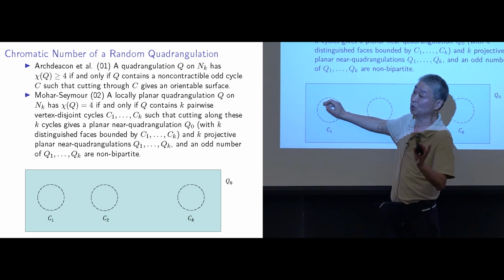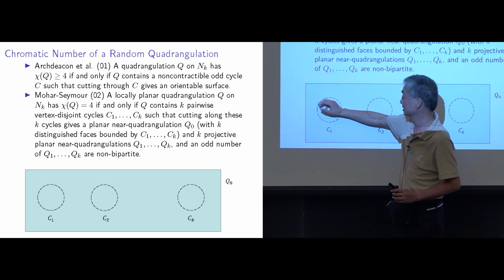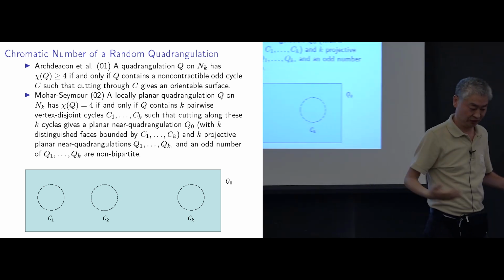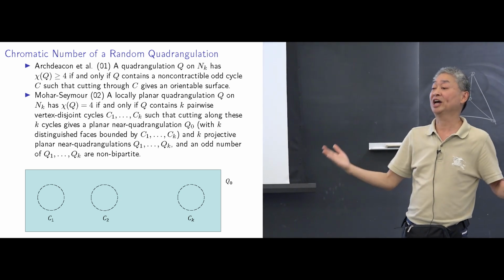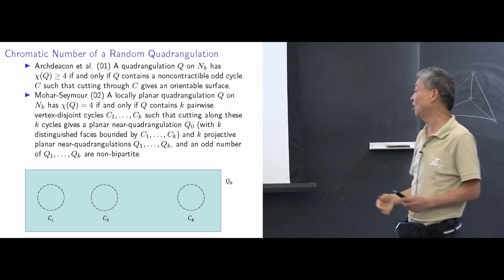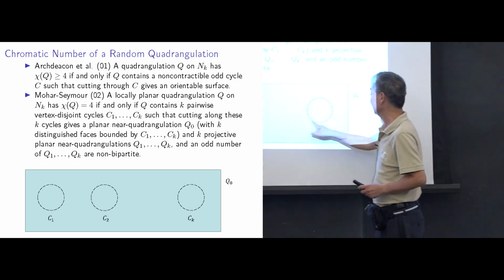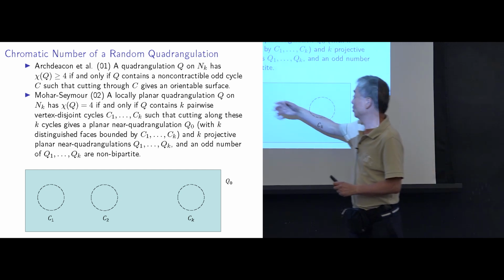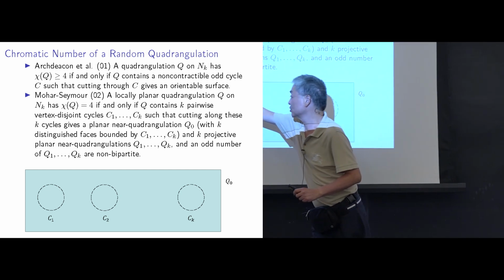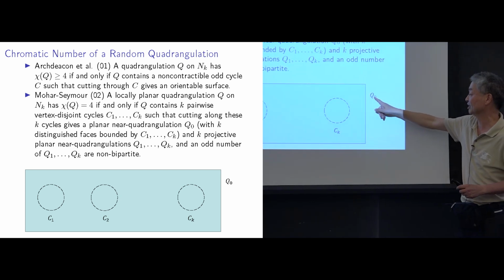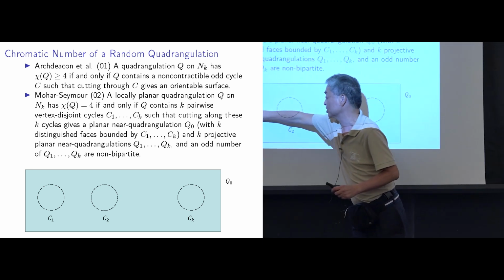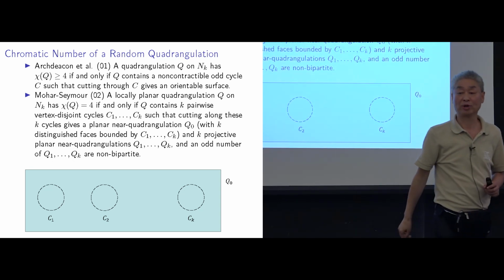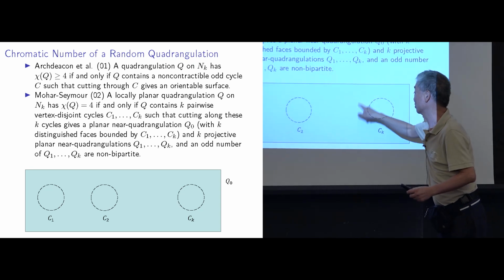Or you can think of this as a Mobius band, if there's a hole outside. So you have k cross caps in here. You can think of those as near-quadrangulations on the projective plane, with the face degree of the root face. And then after cutting off those, what's remaining is the planar piece. We denote that by Q sub 0, with a bunch of distinguished faces which are possibly non-quadrangular. Other faces here are quadrangular.